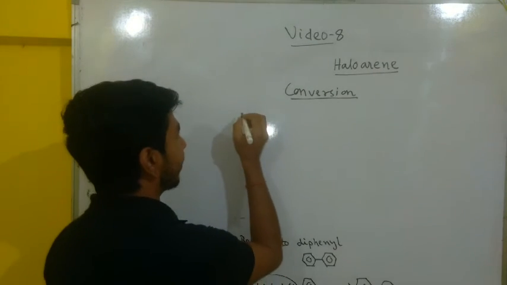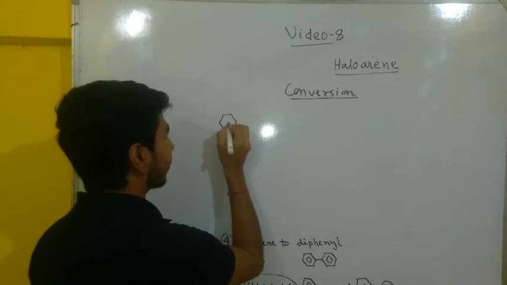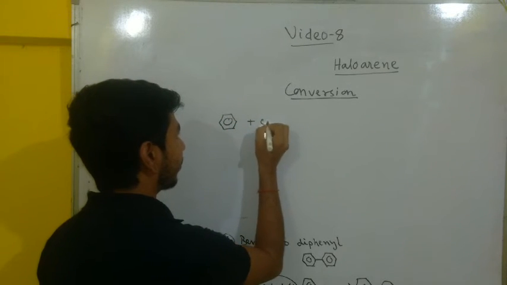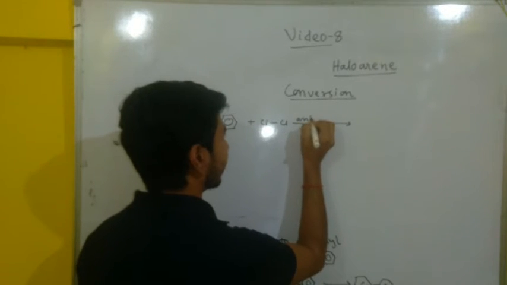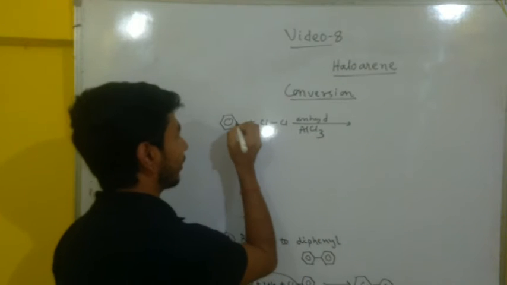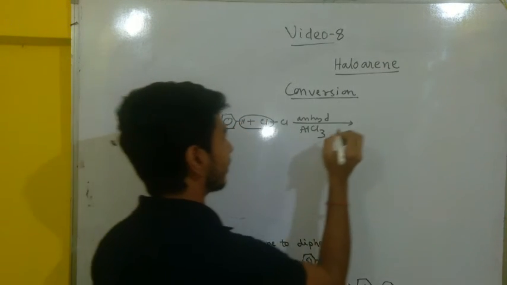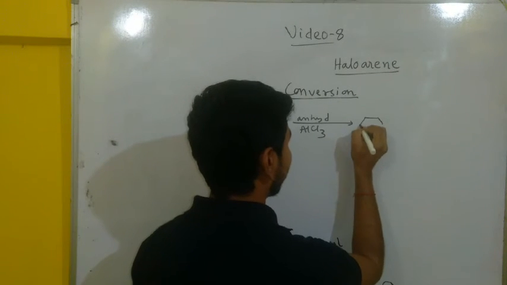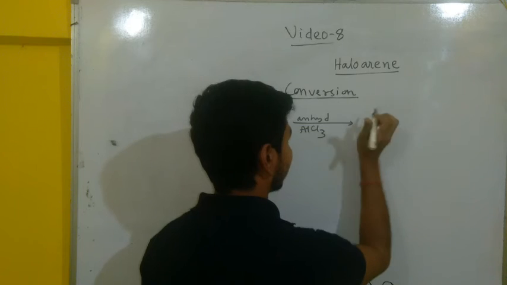First, benzene to chlorobenzene. Benzene upon treatment with chlorine in the presence of anhydrous AlCl3: this carbon carries hydrogen, H and Cl are removed as HCl, and we get chlorobenzene.